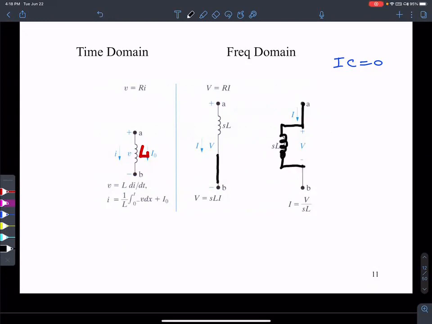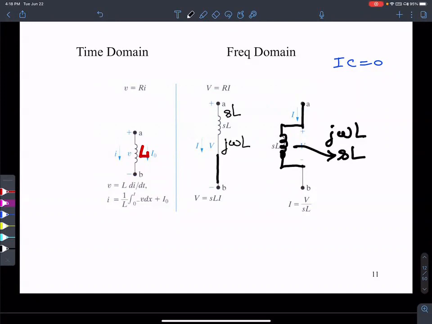Remember, this is j omega L in the frequency domain. If the initial conditions are zero, the S domain equivalent is SL. Similarly, if the initial condition is zero, this is going to be SL, whereas earlier, in frequency domain, we had j omega L.